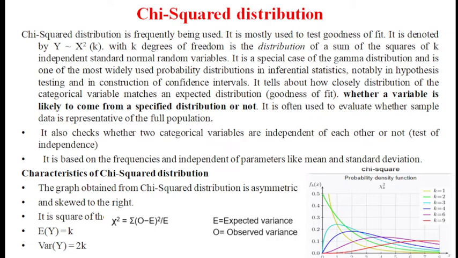Here the yellow curve represents the degree of freedom of 1, the green curve represents the degree of freedom of 2. Like this, each curve represents a different degree of freedom. If the chi-square value is 5 for a set of data that has a degree of freedom equal to 4.